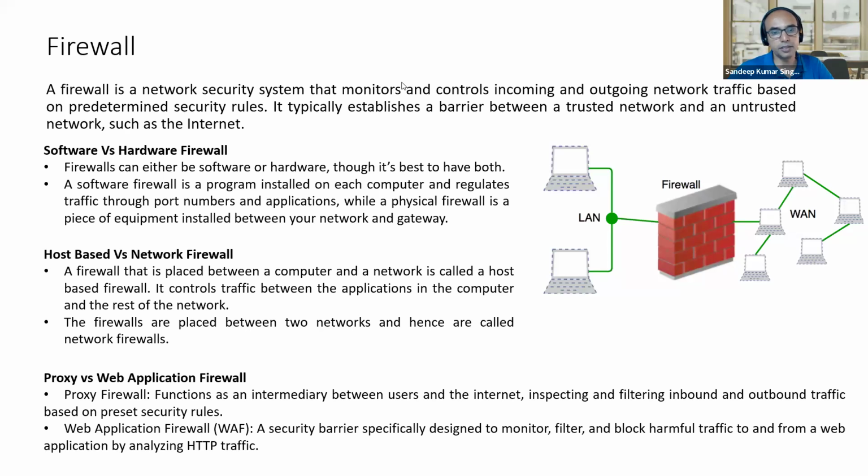So, Madhuri, to answer your question, all three should be used together to have holistic protection, but it depends on the budgeting as well, right? If you are a startup and you have a limited budget, then you might not be able to afford IDS or IPS.